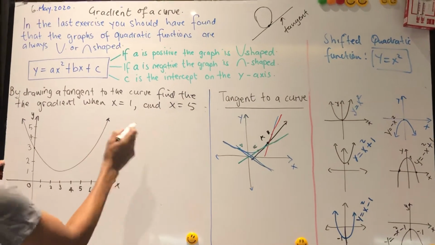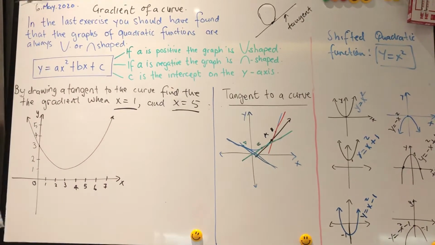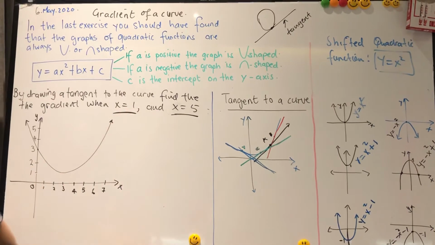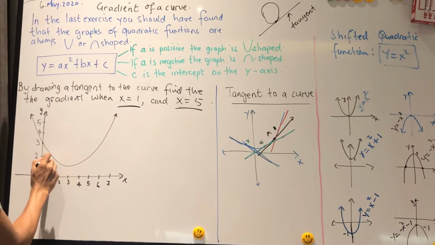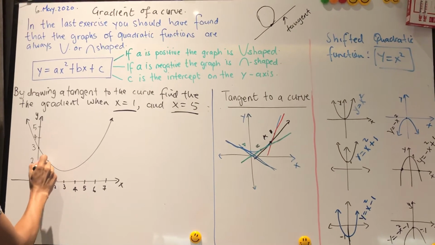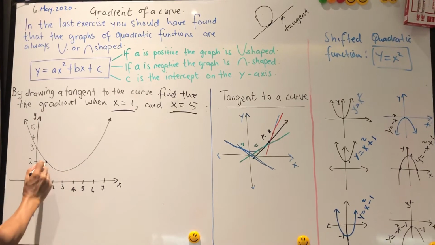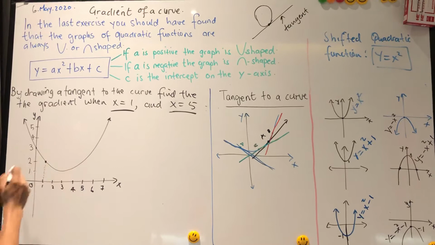All right, so now we need to draw a tangent. Look here, at x is equal to 1, if I'm going to move up there, at that point, there is only that point there from x is equal to 1.